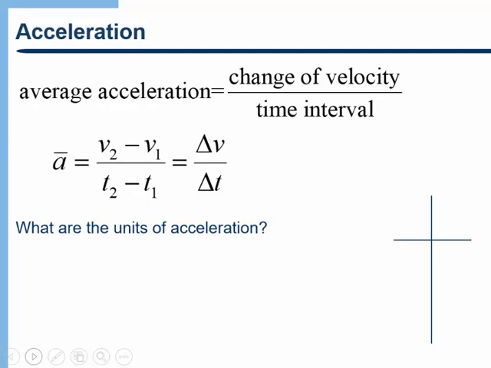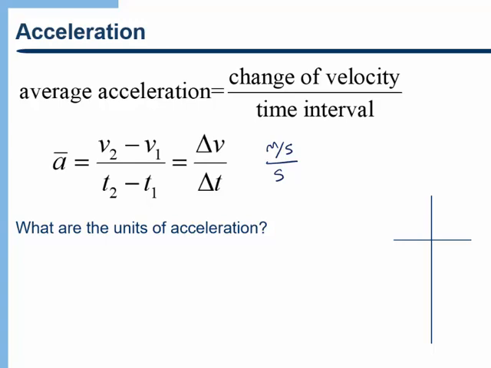Now, if you've had physics before, like in high school, you probably know the answer already, but let's go through it. You'll notice that velocity has units of meters per second, time has units of seconds, so the unit of acceleration is meters per second per second.